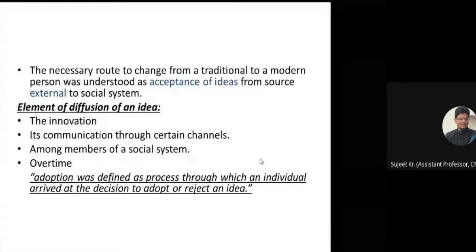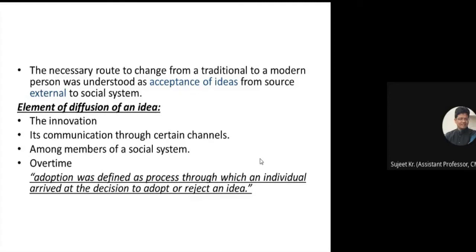And adoption was defined as the process through which an individual arrived at a decision to adopt or reject an idea. Adoption means not only that people will adopt the idea; it is a process of adoption, and after undergoing this process, at the end, individuals or society may reject the idea. So rejection or adoption is a different thing, but basically the whole process of adoption is like this, right?